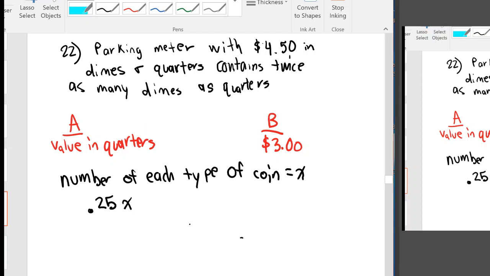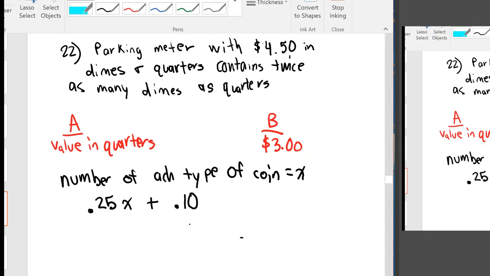The number of each type of coin is x, and then the value of a dime is 10 cents, so 0.10 or 0.1x. We can leave it as 0.10. Now, I said x for the number of each type of coin, but that's almost a misnomer. The number of quarters really should be x, because I know that there are twice as many dimes.